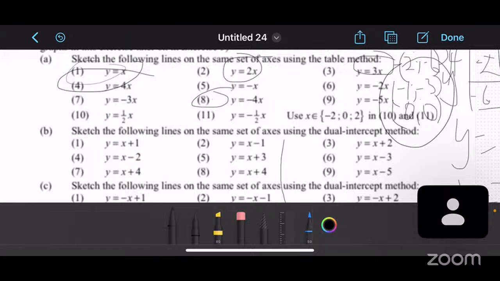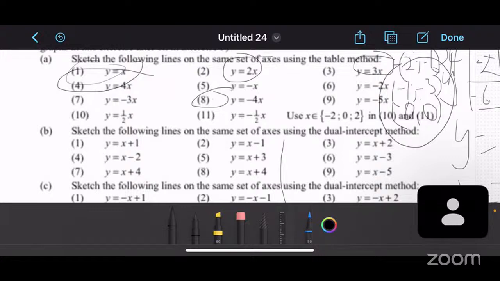Because if you place the points on the Cartesian plane, Manahil and Langelise, and just connect the points, and you don't name the line graph, you're not going to get the whole marks.